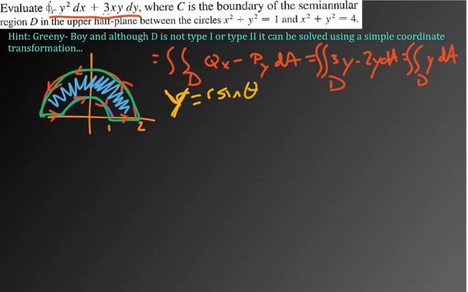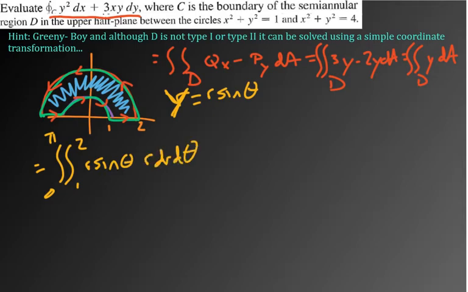That's really all I need, because there's only y. Then my double integral would become, going 1 to 2 in the radius and 0 to pi in the angle, r sine theta from the y, but I've got an extra r, because of the Jacobian from the transformation, in dr d theta.